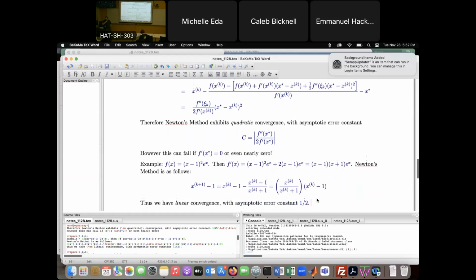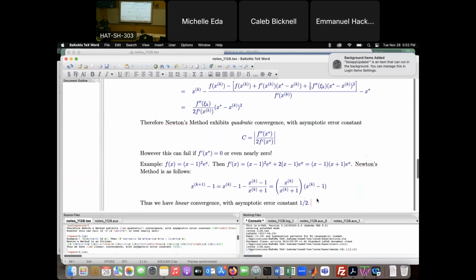Okay. Now, can anyone tell me what is a method we already have seen that converges linearly with an asymptotic error constant of 1/2? Isn't it fixed point iteration? A fixed point iteration is linear, but its asymptotic error constant is not necessarily 1/2. We haven't seen very many methods.